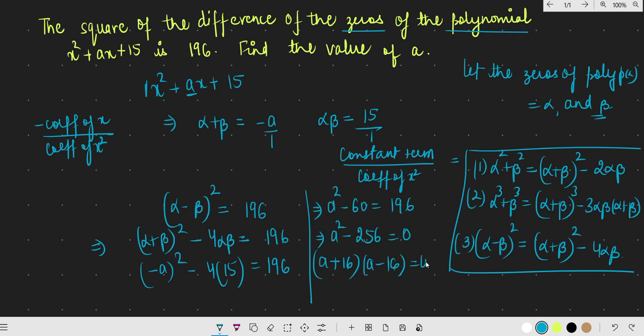So we'll have two values of a, which is minus 16 or plus 16. So a will have two values, which will mean a is equal to minus 16, plus 16. So find the value of a. For me, a will have two values. A is equal to plus minus 16.